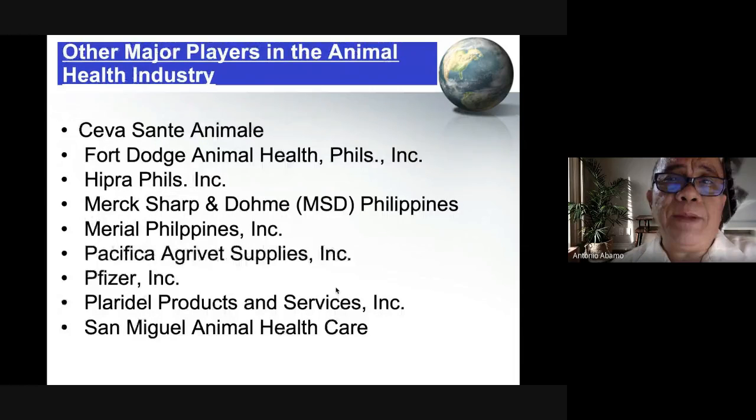Okay, other major players in the animal health industry: Shiba, Santi, Fort Dodge, Hipra, Merck Sharp, Mirial, Pacifica Agribit, again Pfizer, Plaridel Products, and San Miguel Aliman Healthcare. Okay, there are also a handful of locally manufactured animal health products, but most, if not all, are actually imported from other countries.